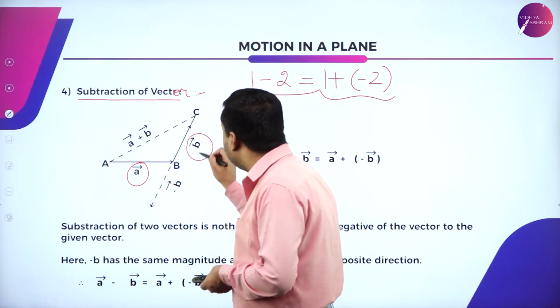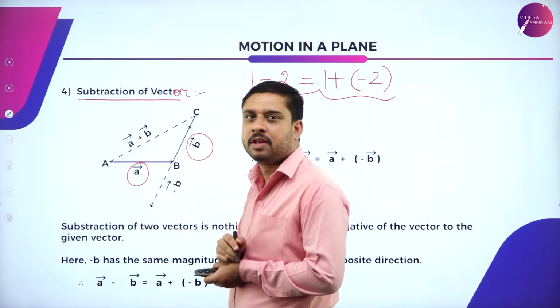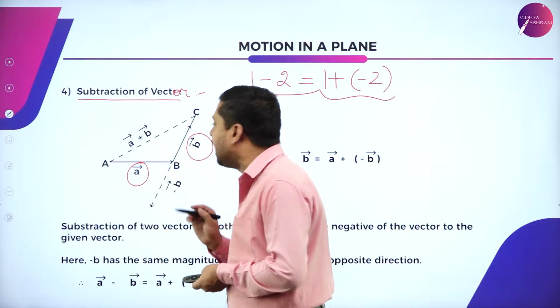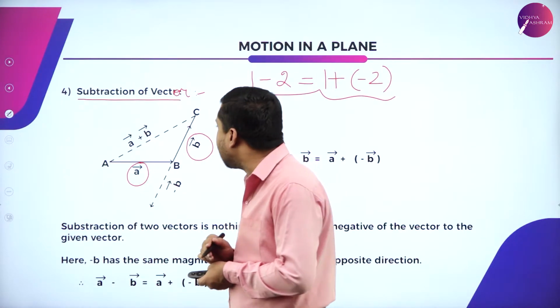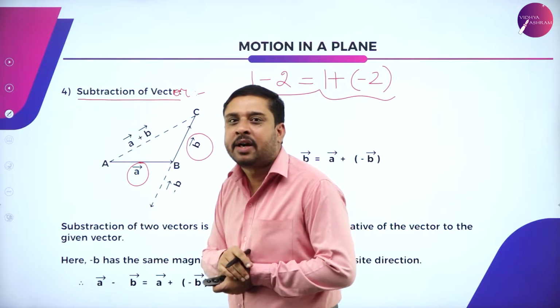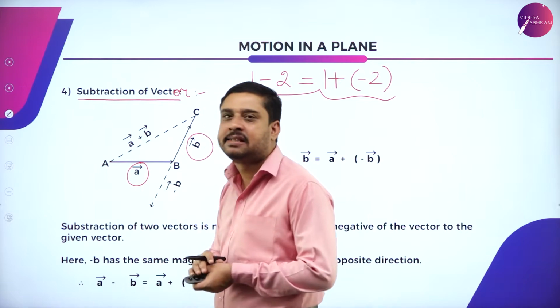So, I have two vectors, vector A represented by a line segment AB, vector B represented by a line segment BC.